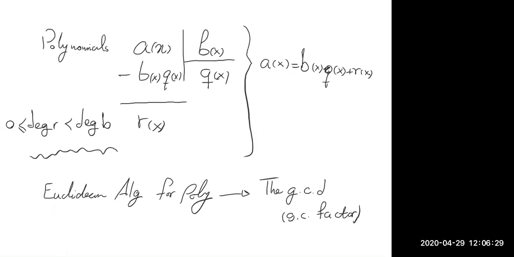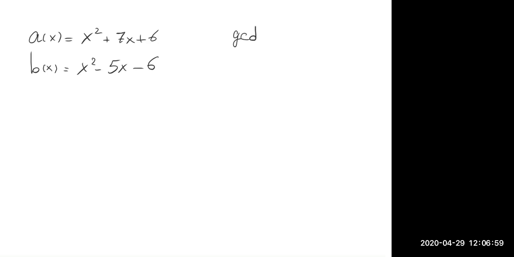So let's see an example. Suppose a of x is equal to x squared plus 7x plus 6, and b of x is equal to x squared minus 5x minus 6. And suppose we want to find the greatest common factor or divisor of these two polynomials.